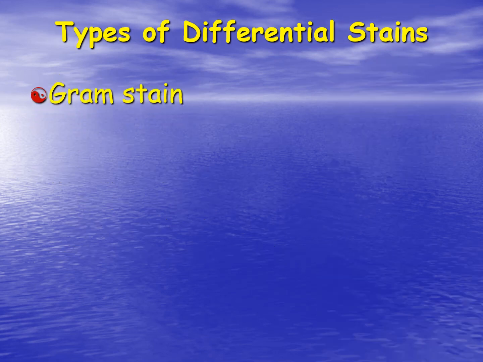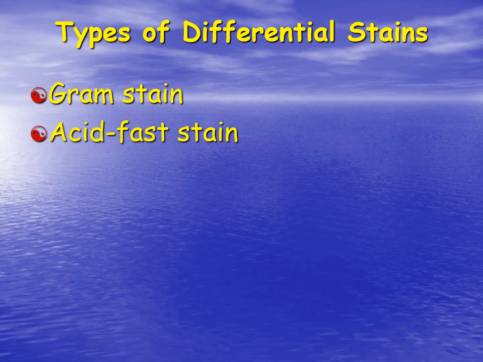The Gram stain is a differential stain, and it is going to be your guiding light in microbiology. All bacteria are either gram positive or gram negative. And this is one of our big separations that we use for identification.